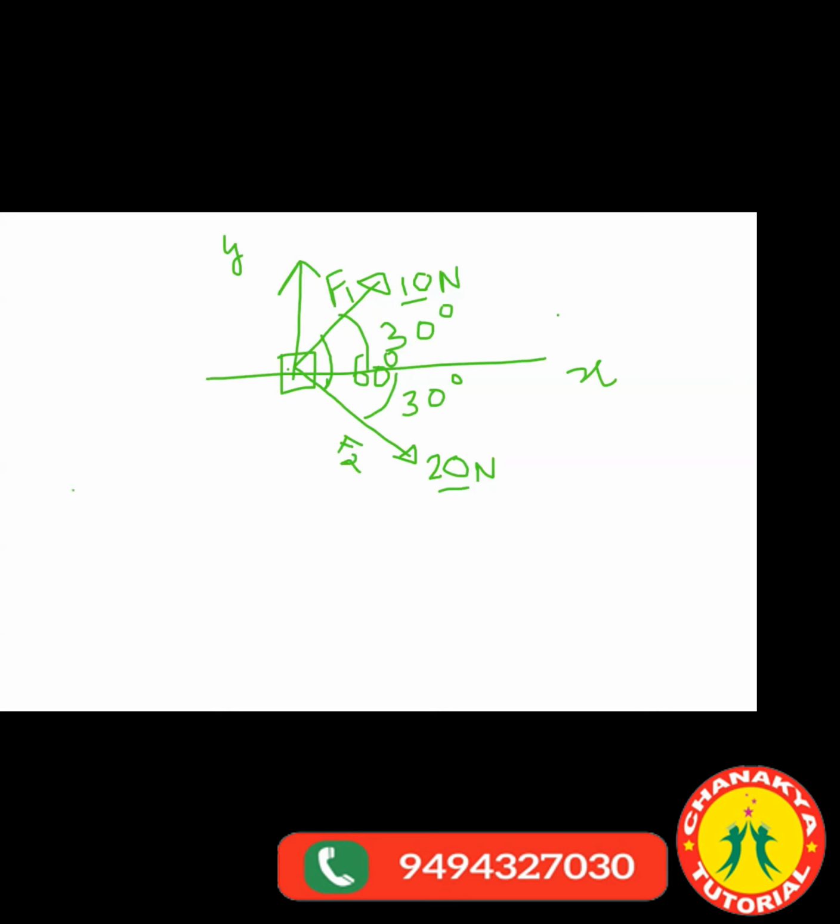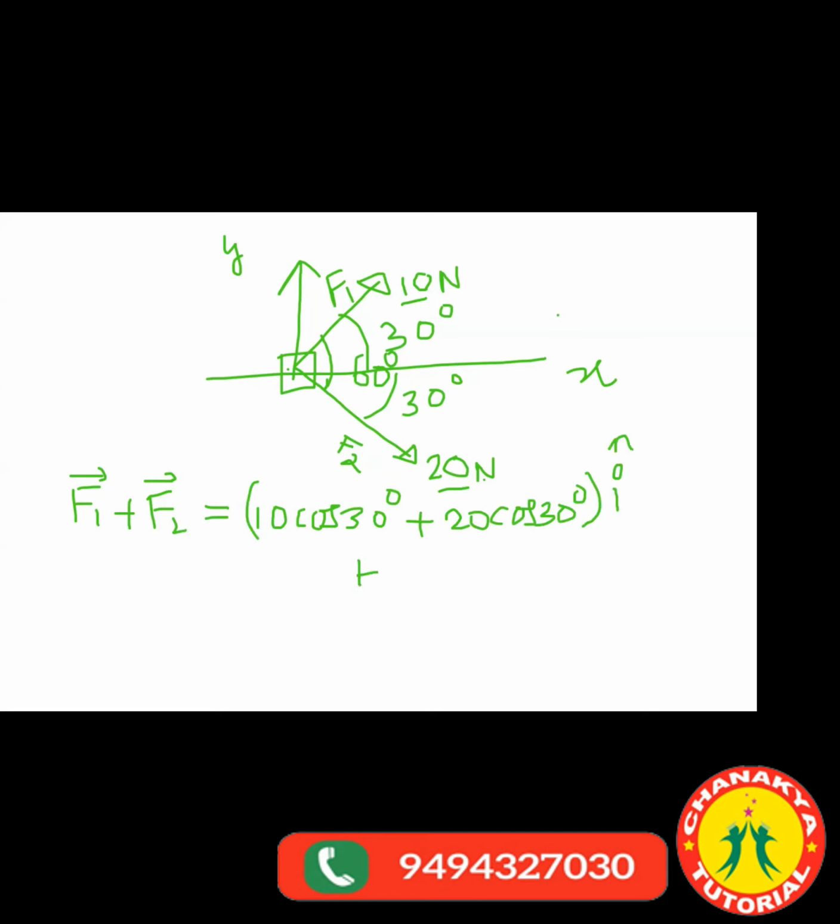So the vector F1 plus F2 is equal to how much, students? First, we'll see in the x direction what the components are. The first component is 10 cos 30 plus this 20 cos 30, all in the x direction, i cap.